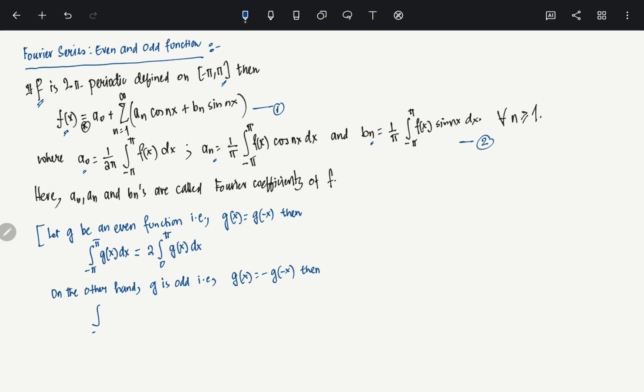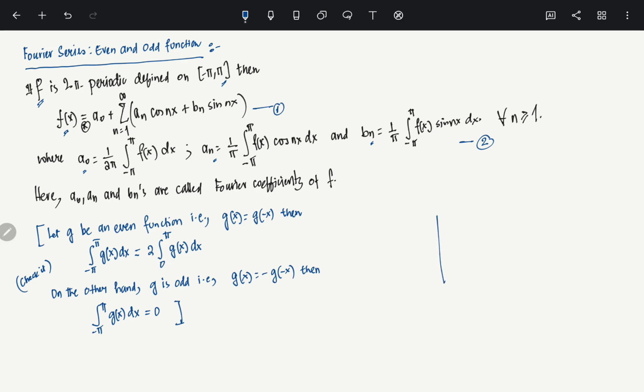Then you can see that the integral from minus pi to pi of g of x dx is going to be 0. So these are the two observations. If you are not convinced, please check it yourself. But this is very simple.